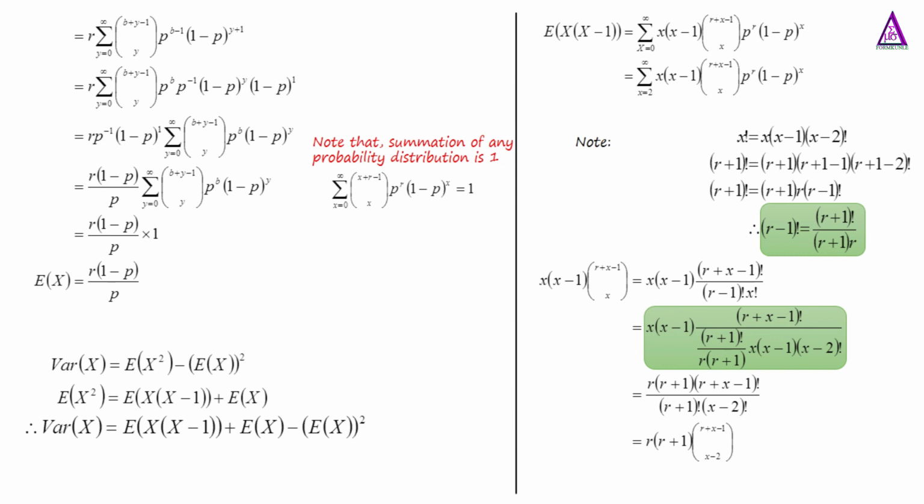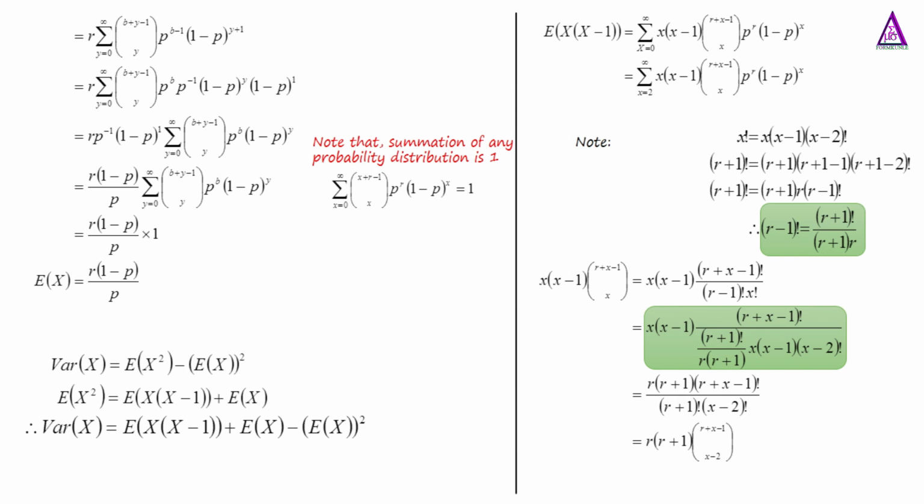And if we look at the range of x, we switch from x ranging from 0 to infinity to x ranging from 2 to infinity, because if x is 1, all the equation will vanish. That's the reason why we switch. That's the reason why we start from x ranging from 2 to infinity.